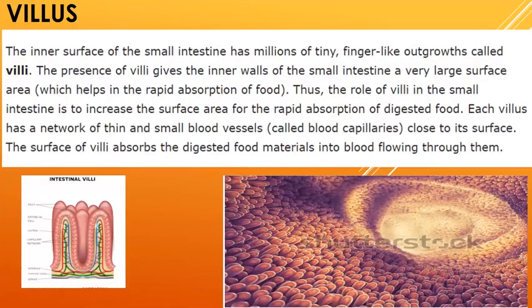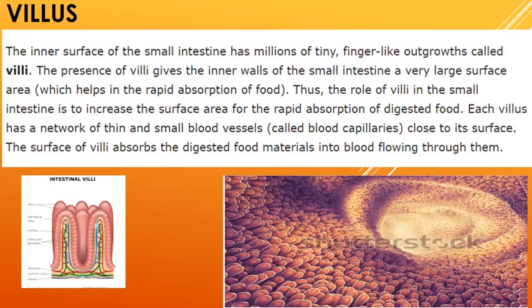The presence of villi gives the inner walls of the small intestine a very large surface area, which helps in the rapid absorption of food. Thus, the role of villi in the small intestine is to increase the surface area for the rapid absorption of digested food.